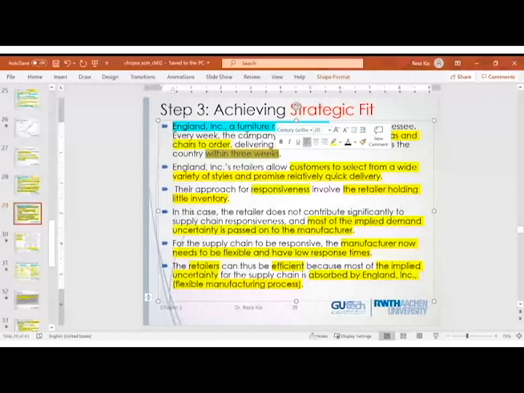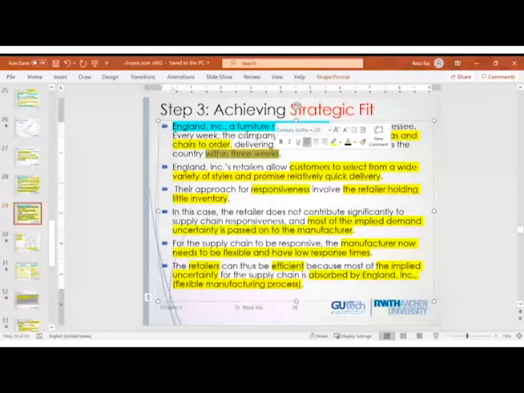But the level of inventory in stores is not high enough to be responsive at that level. So you will shift that uncertainty to your manufacturer side. And your manufacturer side should be flexible and capable enough to provide furniture in less than 3 weeks.